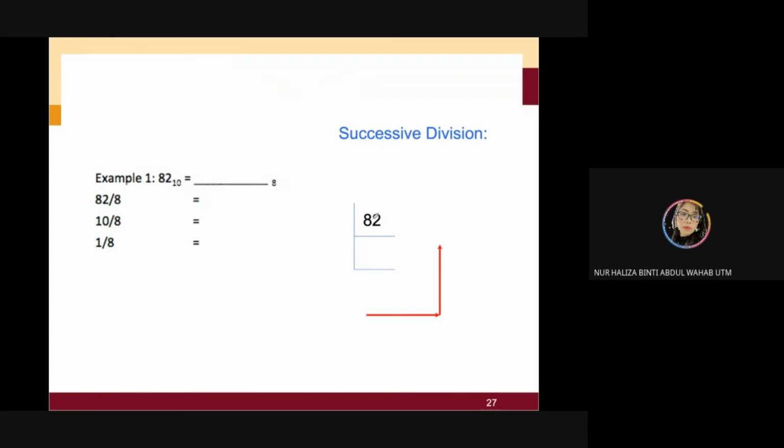We have 82 base 10, or normally we just call it 82, and we will divide it by 8. So you're going to see it like this. And what is your answer after you divide? You're going to get the value of 10. Of course, you're going to have the remainder. So where are you going to put your remainder? You're going to put the remainder beside here.